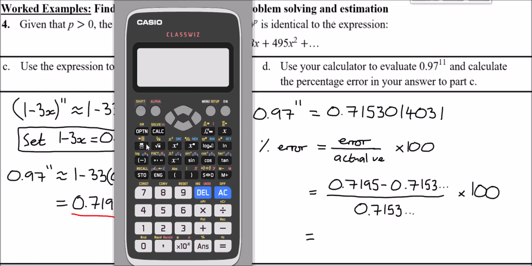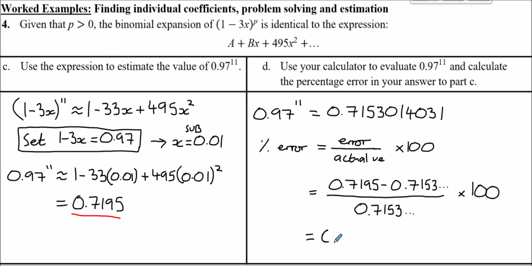So now what we're going to do, use a fraction button, type in 0.7195 minus our stored answer, ANS, divided by ANS, multiply that by 100, and out will pop our percentage error. So to three significant figures, that's 0.587. That's not 58.7%, this is the percentage.